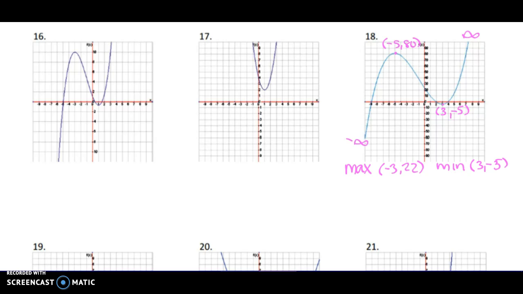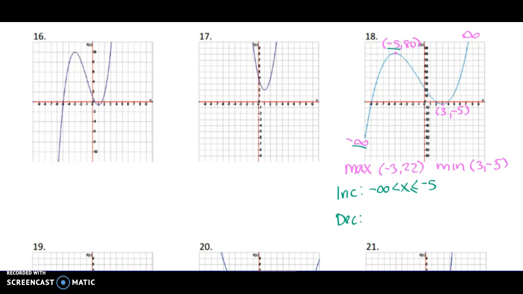And for my increasing and decreasing intervals, starting on the left, I'm starting at negative infinity, going up to -5. So it's increasing. Negative infinity, less than x, less than, stopping at -5. Negative infinity never gets an equal to.